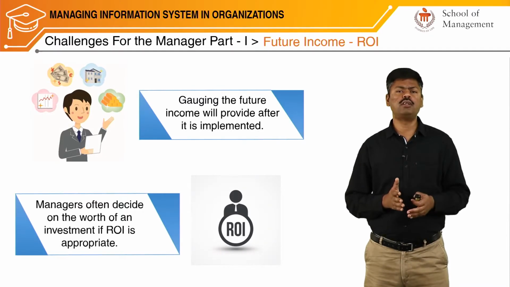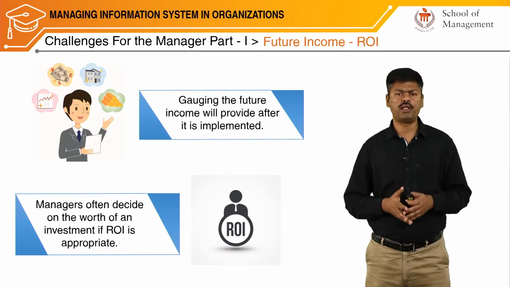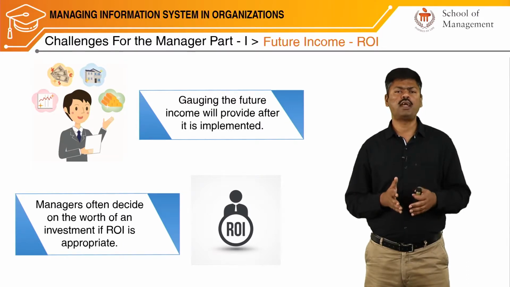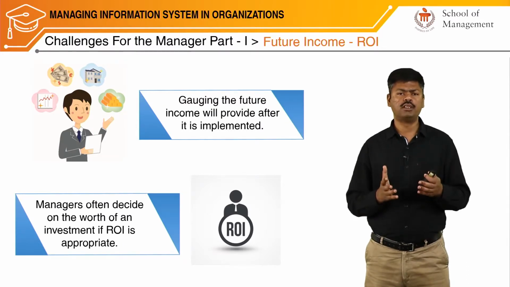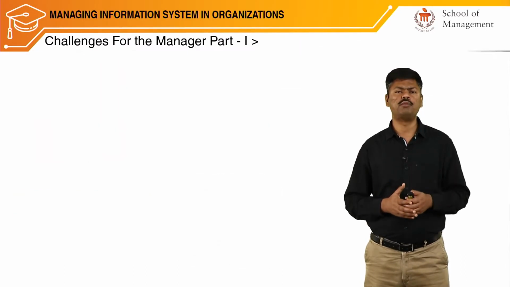Now, the second important decision is to find out what benefit I am going to get out of the information system which I am planning. The managers have to decide the worth of an IS vis-a-vis the ROI expected from that implementation.